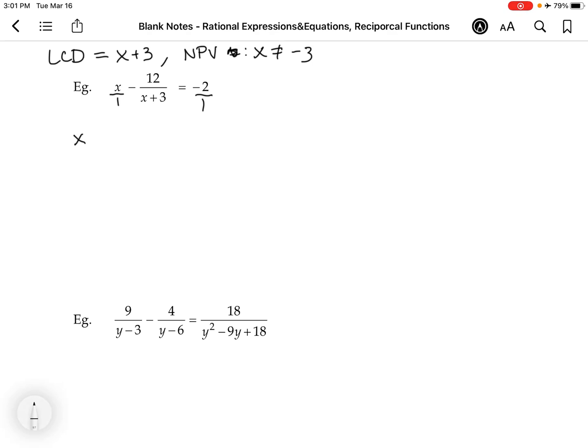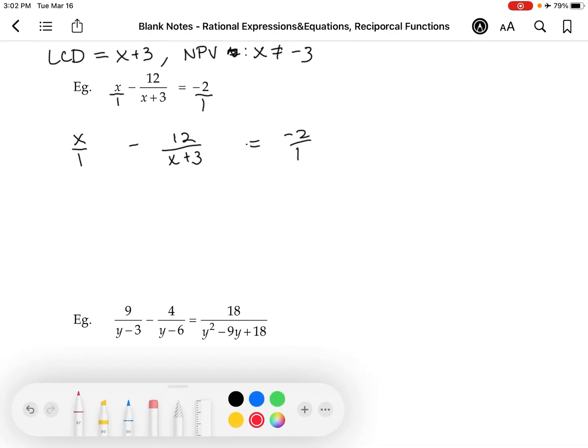Okay, so what I'm going to do again is rewrite this out, and I'm going to give myself some space so that I can multiply everything by that LCD. And then I'm going to see what cancels.